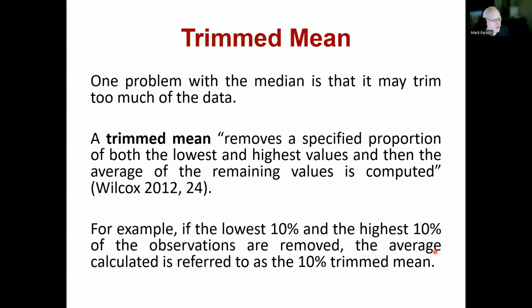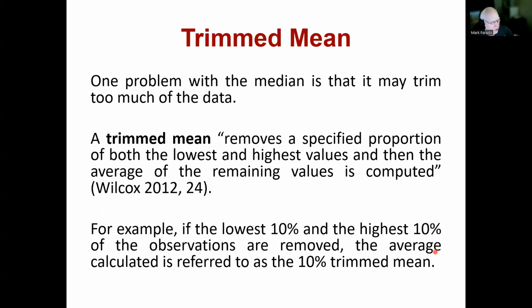Now, between the mean and the median, we have other options, right? The median is doing the most level of trimming that you possibly can, essentially turning the sample size into 1 or 2, no matter how large your sample size is. So you could have 1 million observations and you turn it down to essentially looking at 2 of them. And then the mean looks at all.